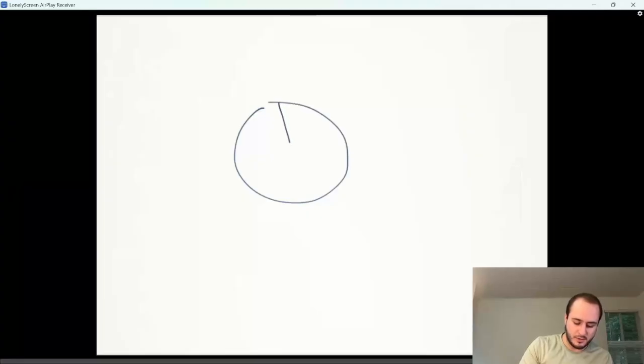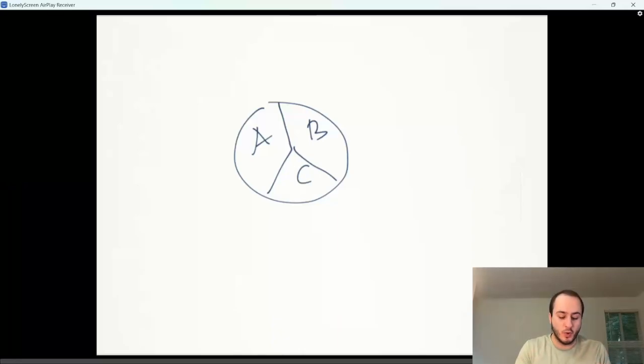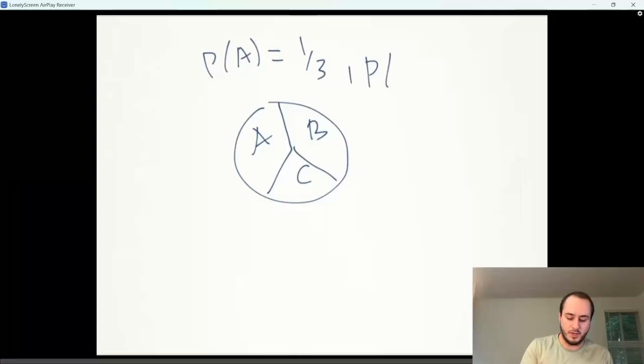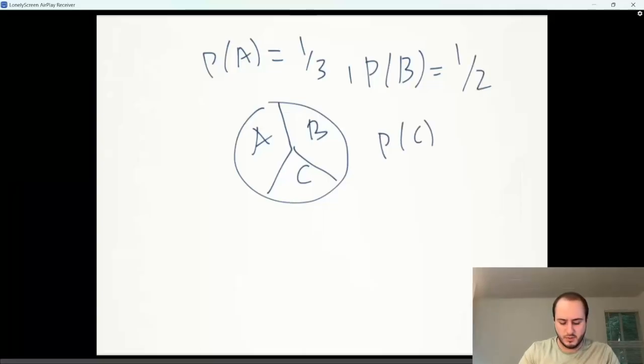Where we have this situation, but it is programmed in the way that P of A is 1/3 and P of B is 1/2. Does it make sense? P of C is 1/6. So it may be programmed this way.